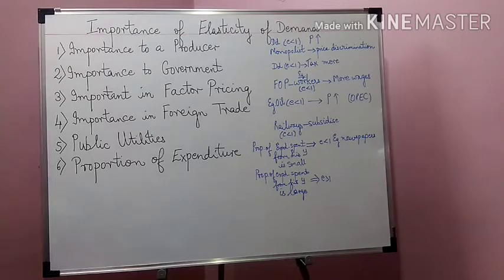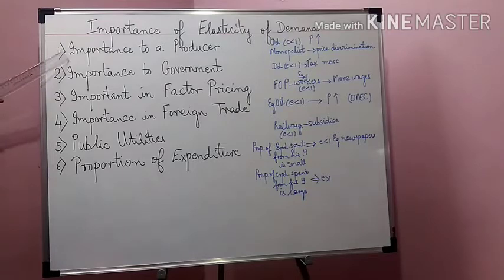If the proportion of expenditure in a person's income is small, the demand for the product is relatively inelastic. For example, newspapers. If the proportion of expenditure is large, the demand for the product is relatively elastic.